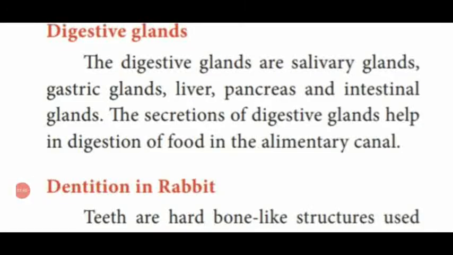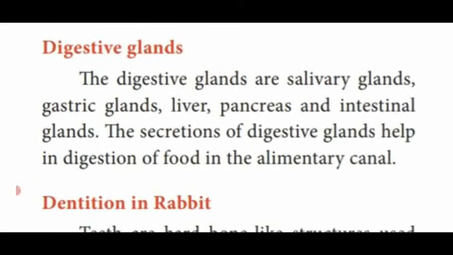Dear students, in the previous paragraph we have seen the alimentary canal system. The digestive system of rabbit includes two regions. One is the alimentary canal, which starts from the mouth and ends with the anus. Another one is the digestive glands.